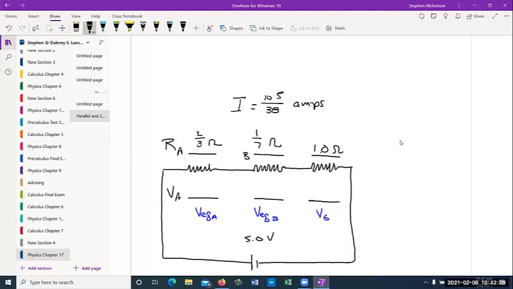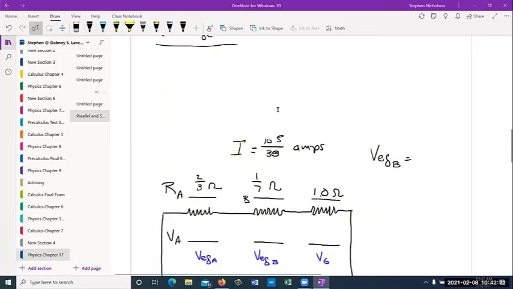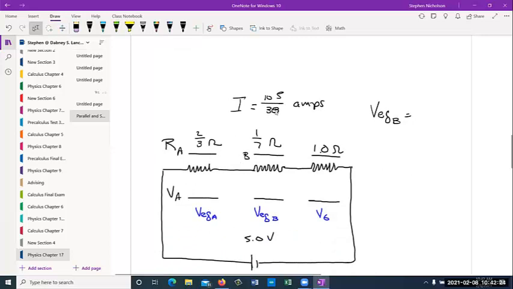Okay, so the voltage across equivalent resistor A is, again, current times resistance. So we have 105 over 38 times 2/3.